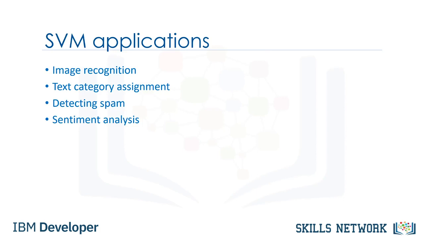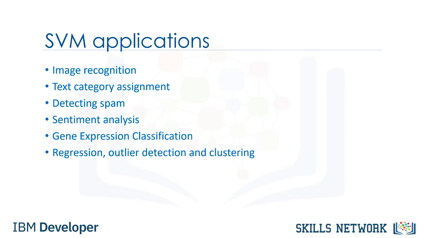Another application of SVM is in gene expression data classification, again because of its power in high-dimensional data classification. SVM can also be used for other types of machine learning problems, such as regression, outlier detection, and clustering. I'll leave it to you to explore more about these particular problems.